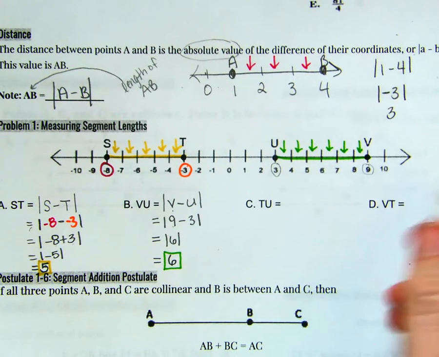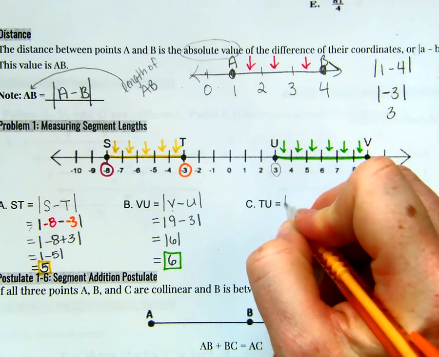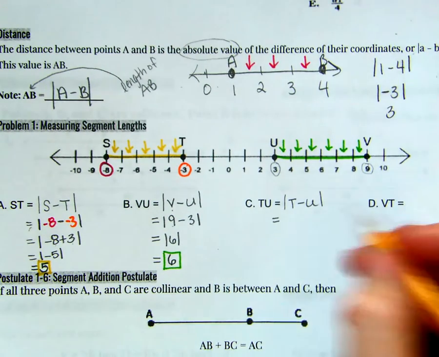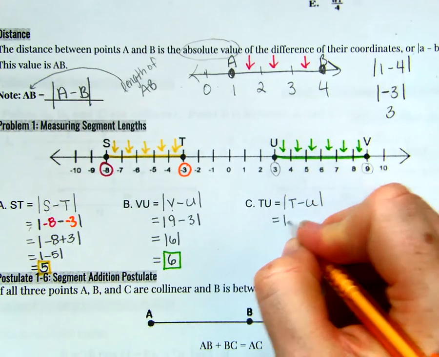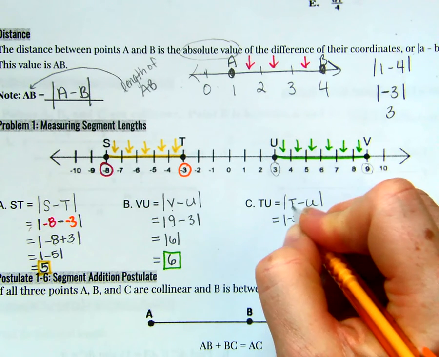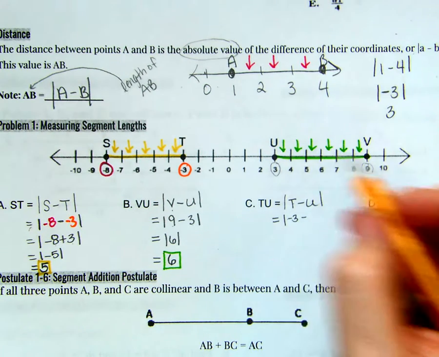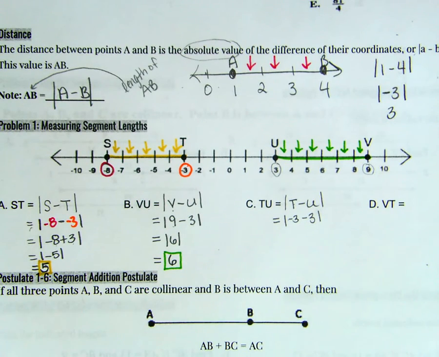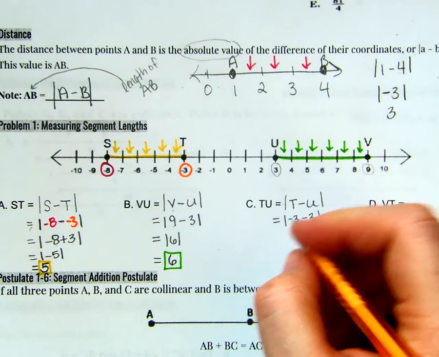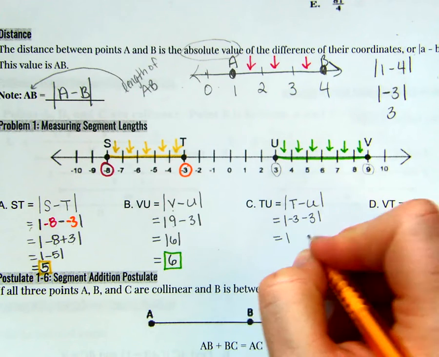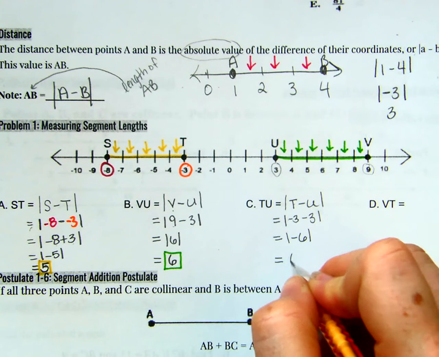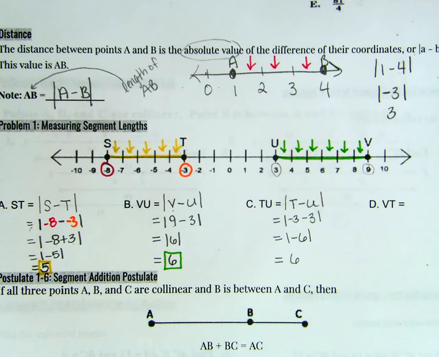Okay. All right. So TU, looking at the absolute value of T minus U. So the coordinate of T is the absolute value of -3 minus the coordinate of U, which is 3. And if I subtract -3 minus 3, then I get the absolute value of -6, and the absolute value of -6 is 6, right?